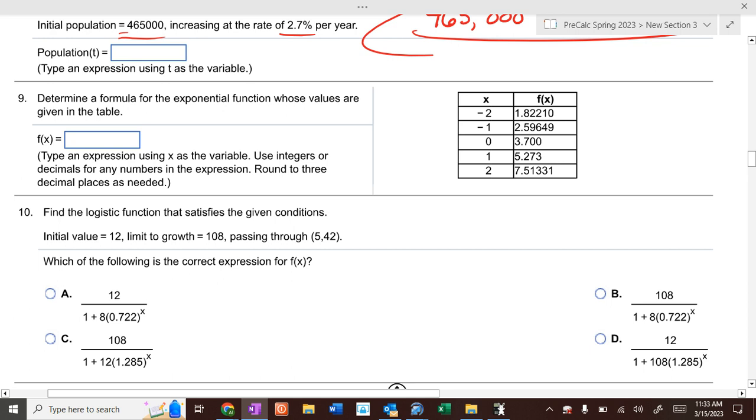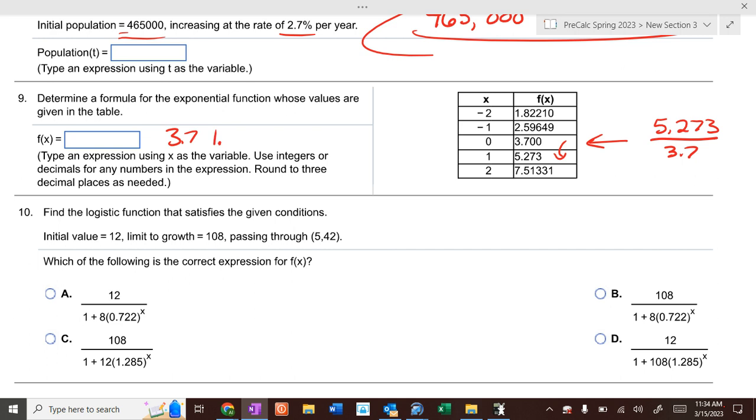Formula for this function. What's our initial value of this? What would the initial value of this be? 3.7. Okay. Now, as you can see, we're growing. So we take 5.273 divided by 3.7.